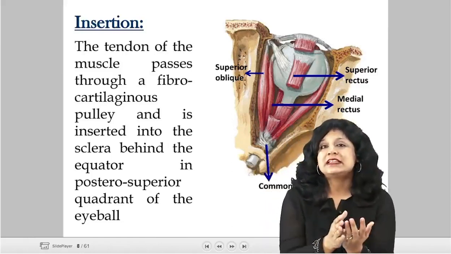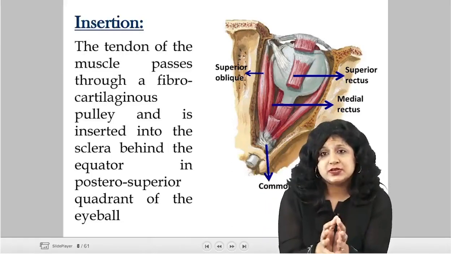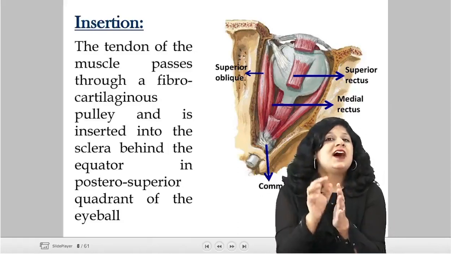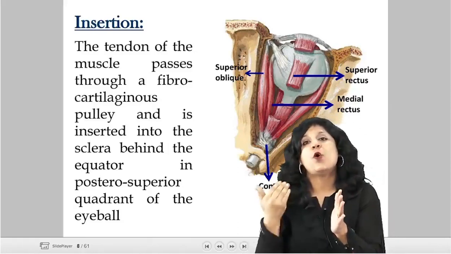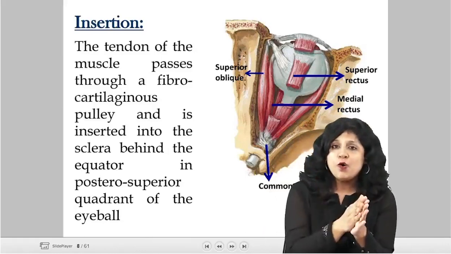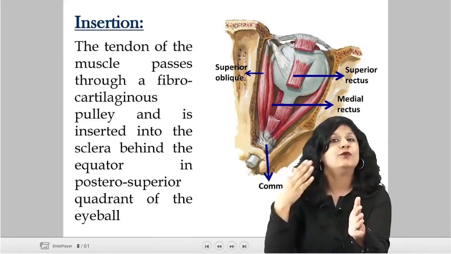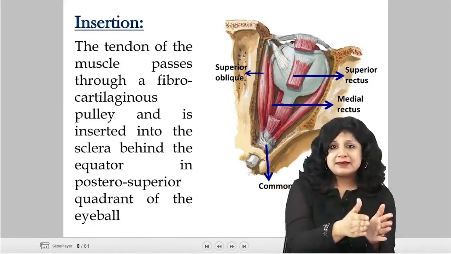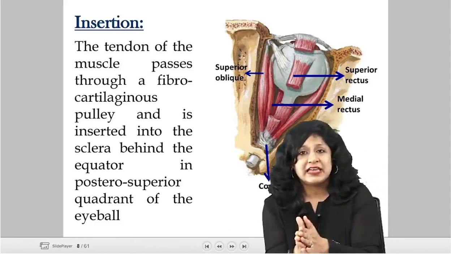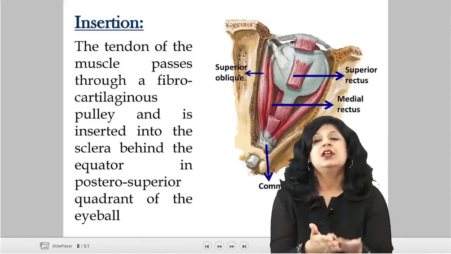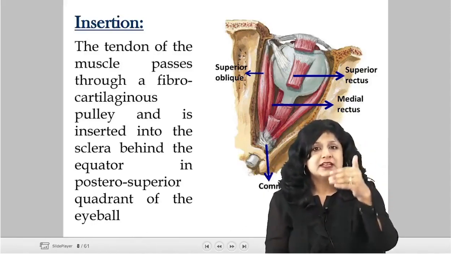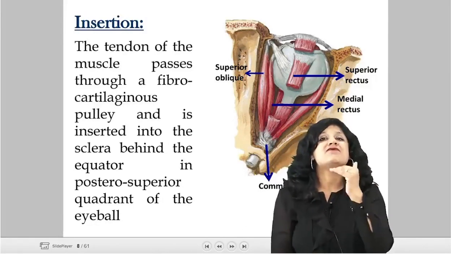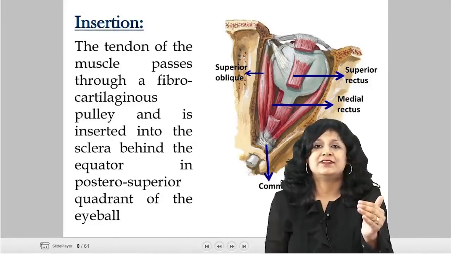Because these muscles are inserted posterior to the equator, they take the eye in the opposite direction. O for oblique and O for opposite. So oblique muscles will take the eye in the opposite direction. Superior oblique will cause depression and inferior oblique will cause elevation.